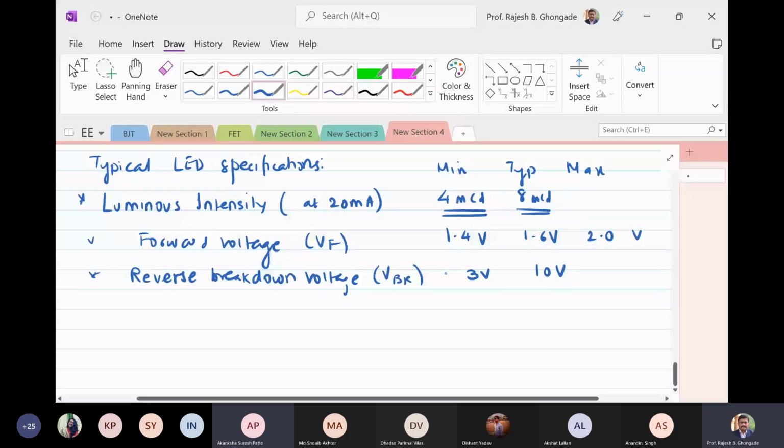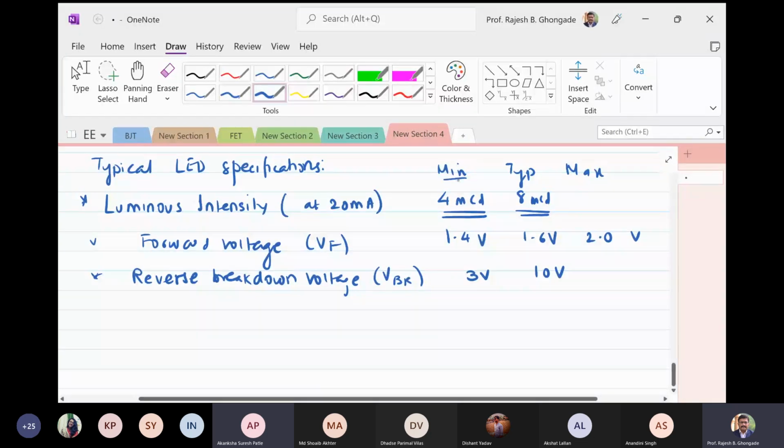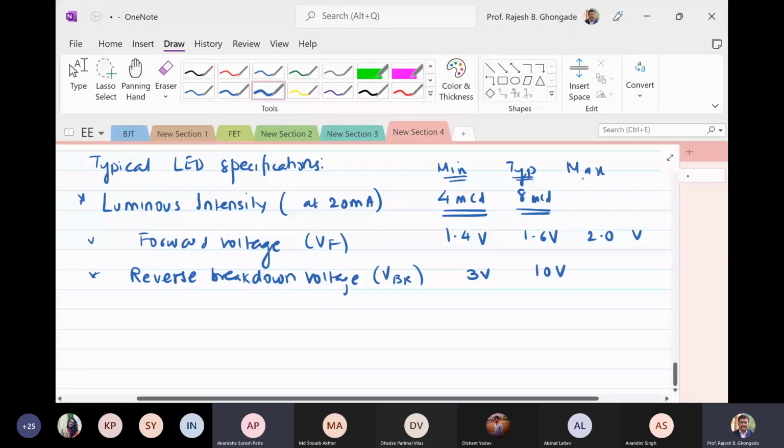Please remember, why do we have these three columns here? Minimum, typical and maximum. In one of the assignments, I told you to download the data sheet for a PN junction diode. The reason for that is to make you aware of these things. So why is there this minimum, typical and maximum quoted by the manufacturer?